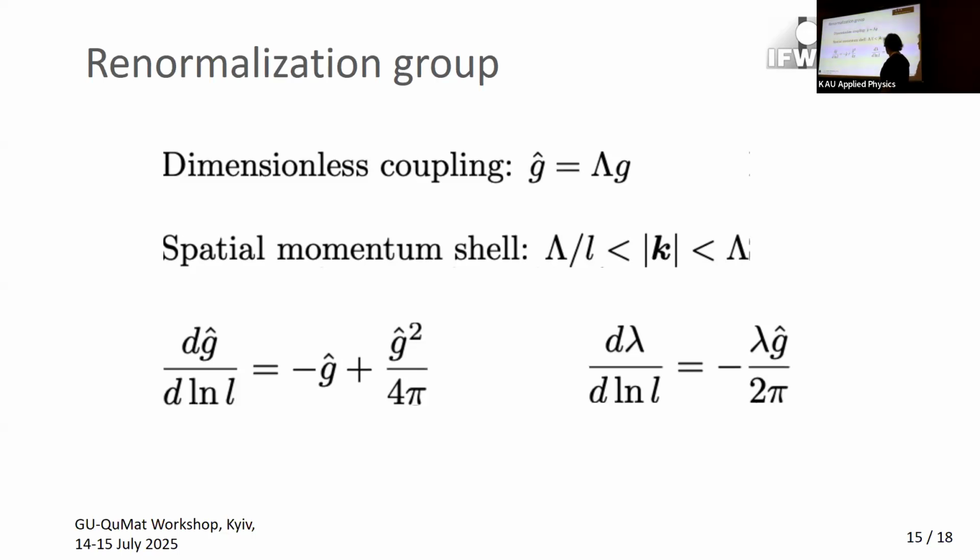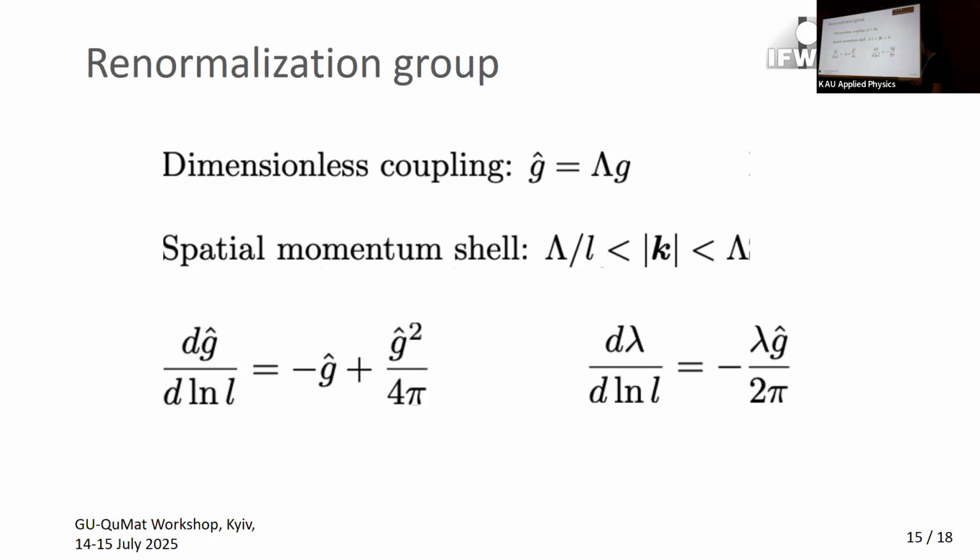You obtain two equations. Lambda is, I didn't mention before, already dimensionless from the very beginning because n squared equal to 1 is a dimensionless field.